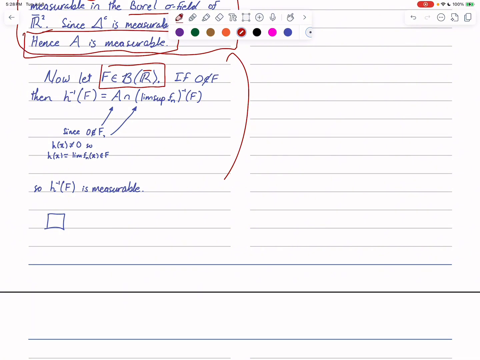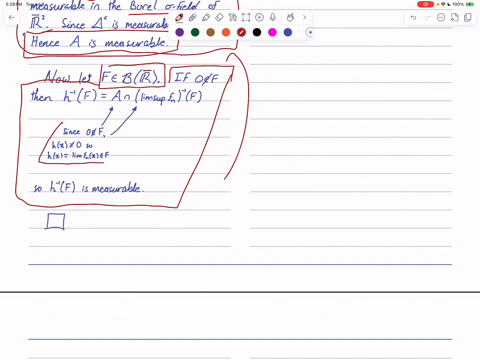In the first case, we'll consider the possibility that 0 is not in F. In that case, if you pick a point in the pre-image, so let X be in the pre-image, then H of X is not equal to 0.